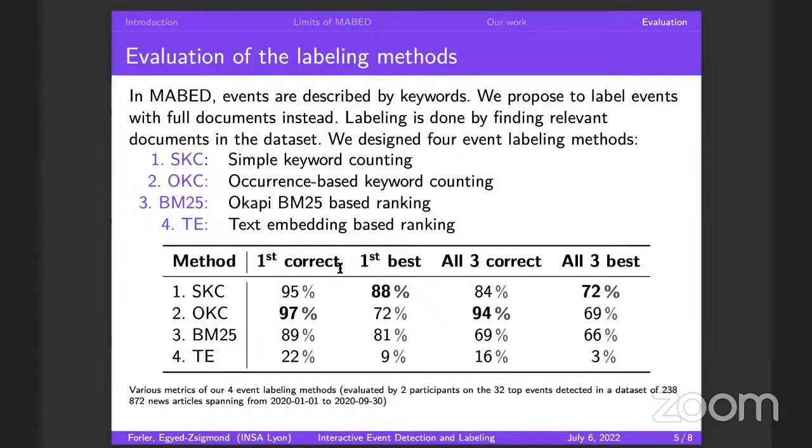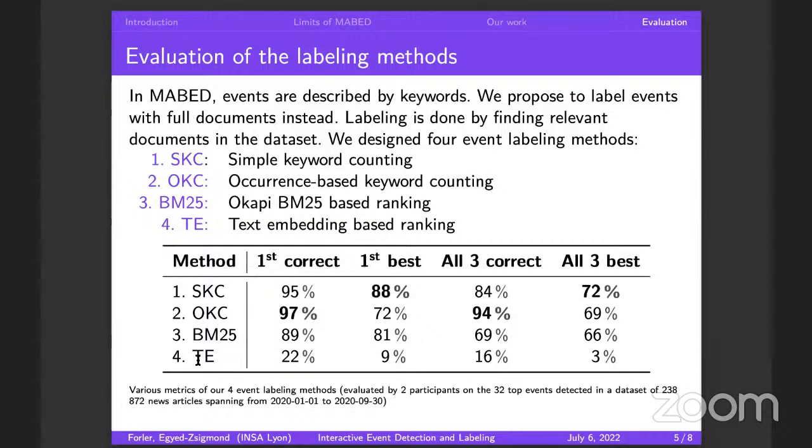There were three suggested labels given by the algorithm, for the evaluators to rank to know which one of the methods was best. But only the first two columns matter for the end result.